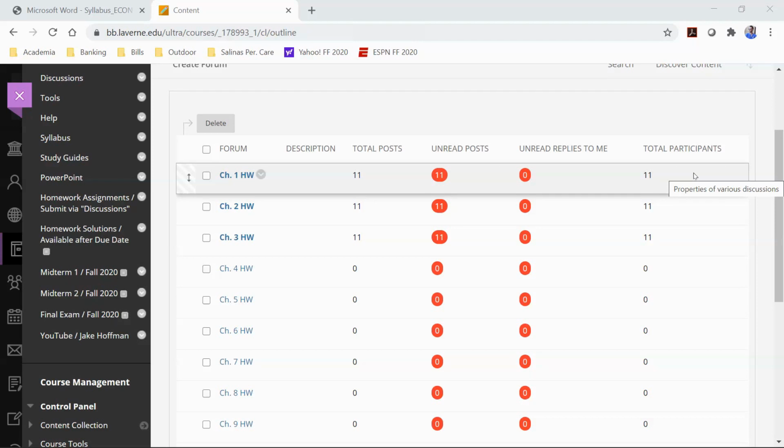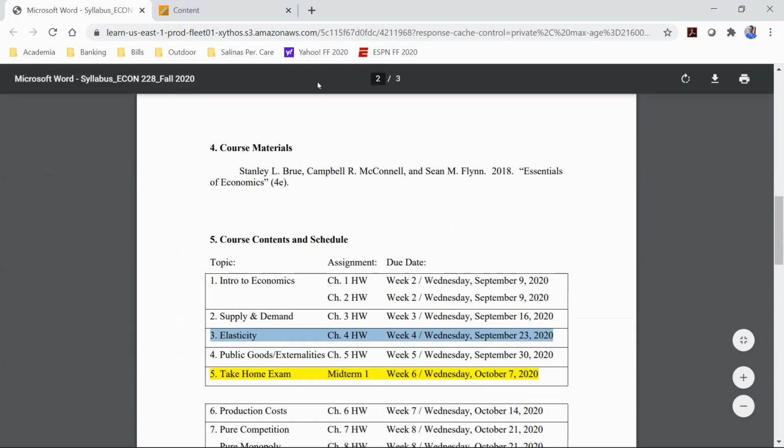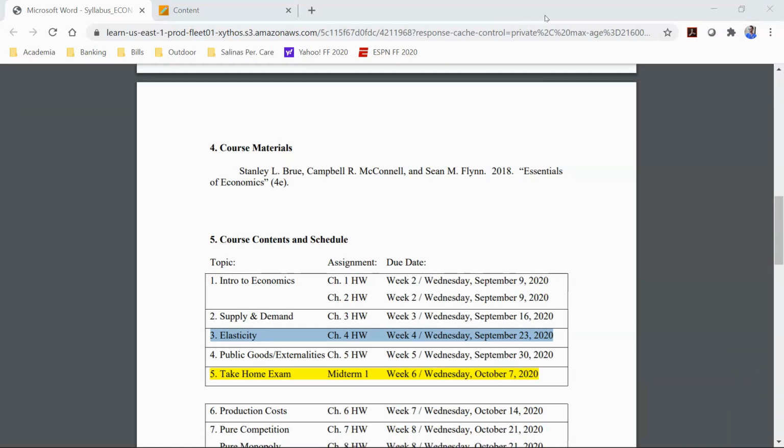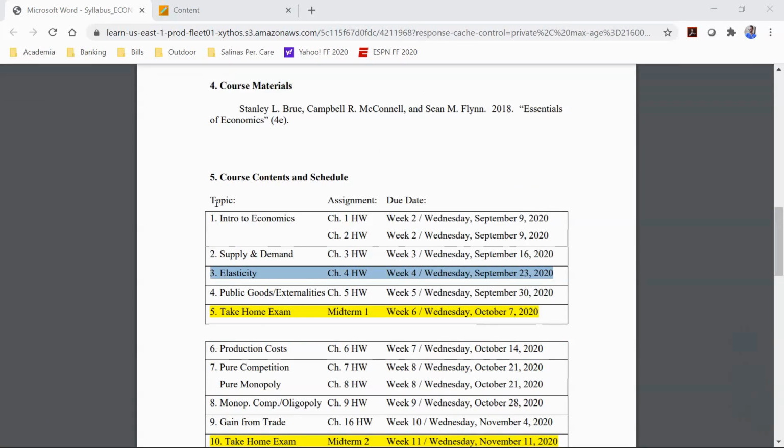And the material we're going to do today is for chapter 4, which is on elasticity. I think everyone's good on the first 3 homework assignments. Any questions on the past material before we do chapter 4 for today?